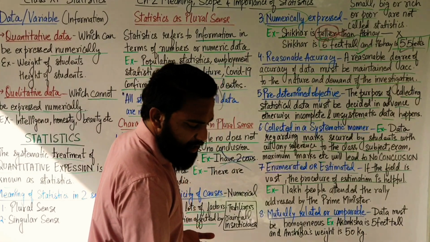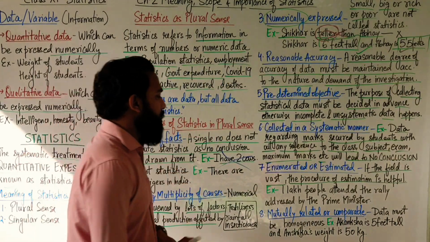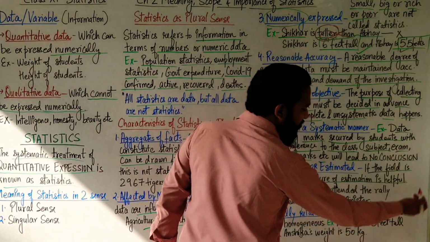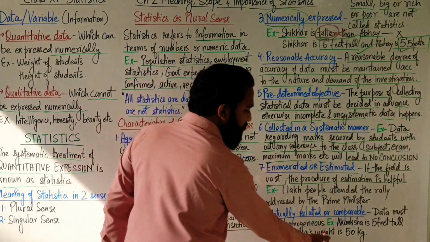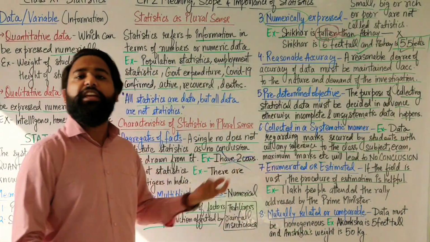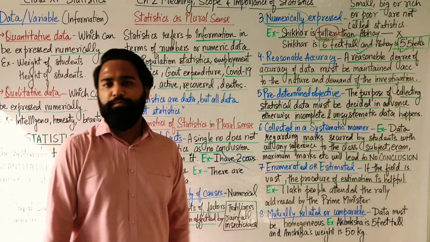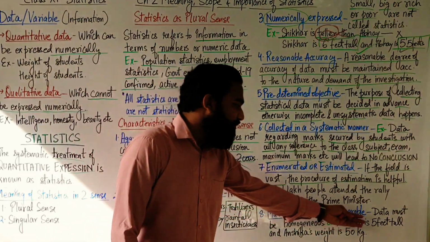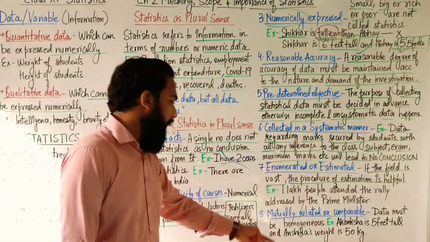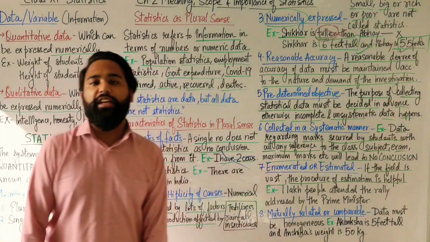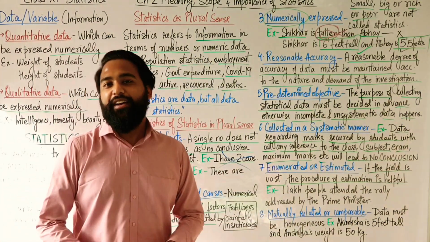Now, let's see an example. Akansha is 5 feet tall and Anshika's weight is 50 kgs. Can you compare both? Tell me. Akansha's height is 5 feet and Anshika's weight is 50 kgs. Can you compare?